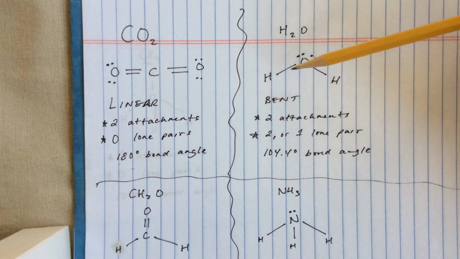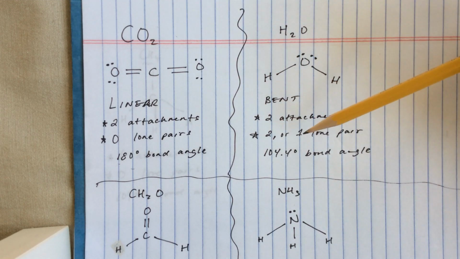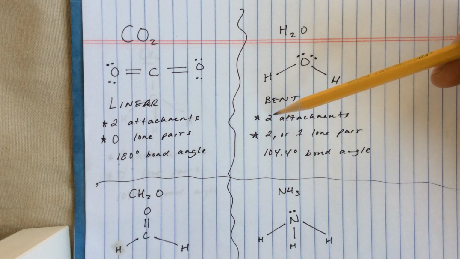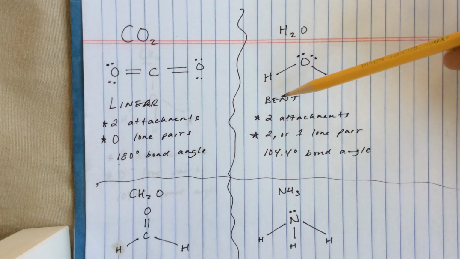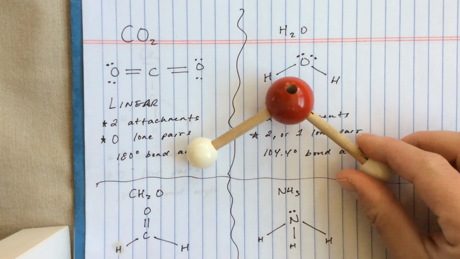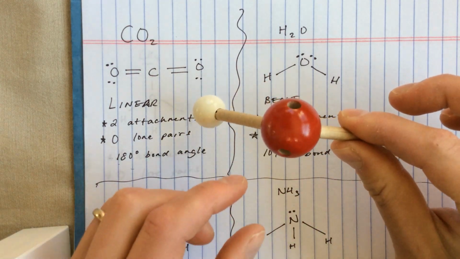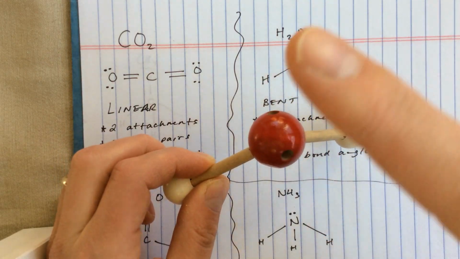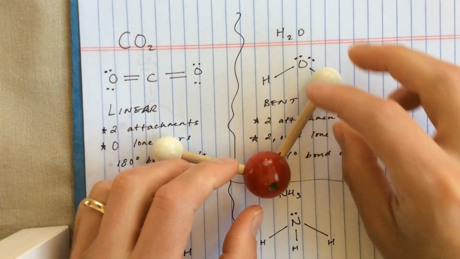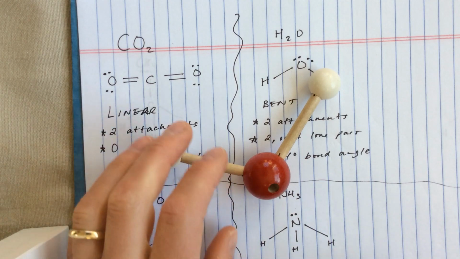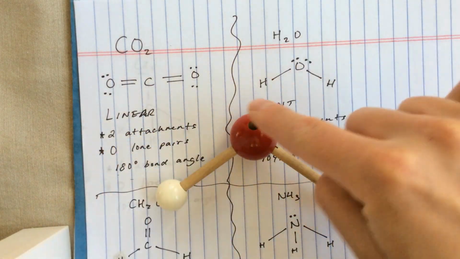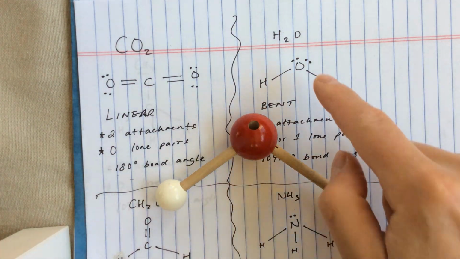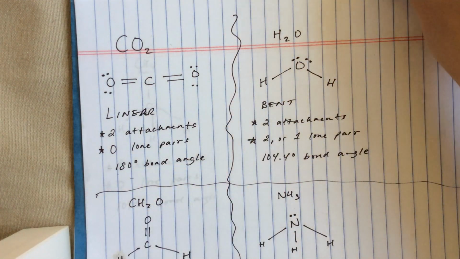With two attachments and a lone pair on the central atom, it's going to be bent. Three-dimensionally, those lone pairs, these empty spots, push the bonds down closer to themselves. It looks like there's nothing there, but those lone pairs are floating around, pushing the bonds closer together, and that's why you end up with a bent shape.